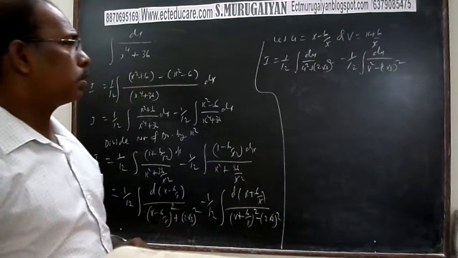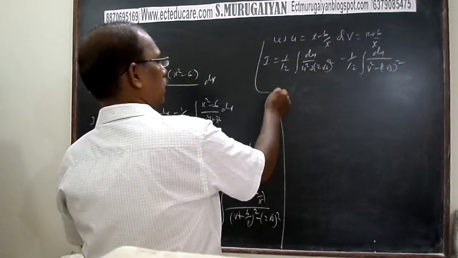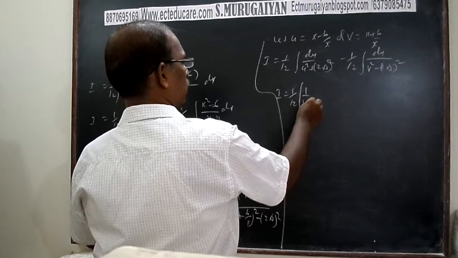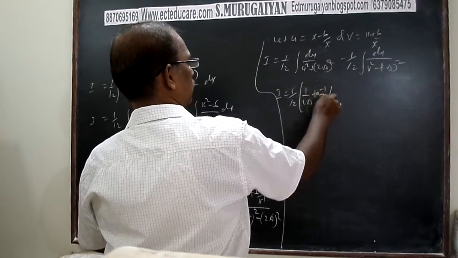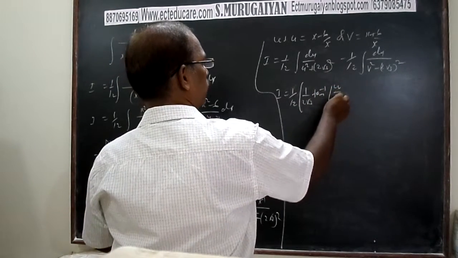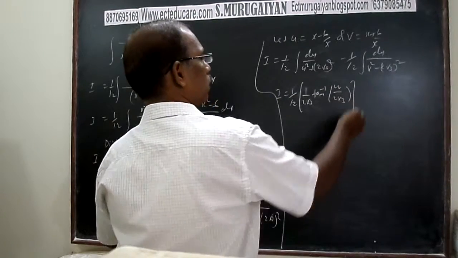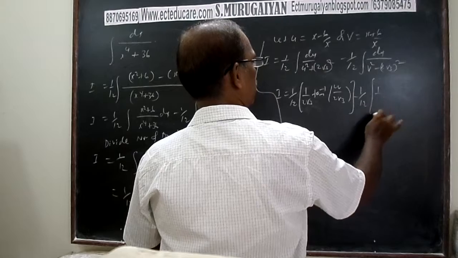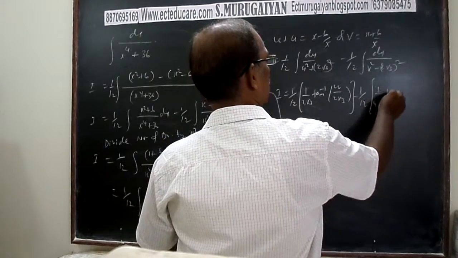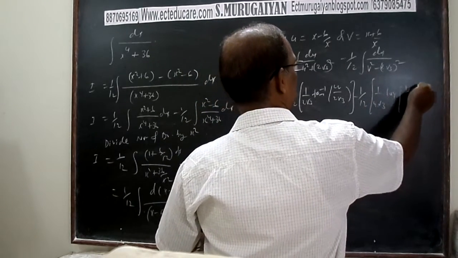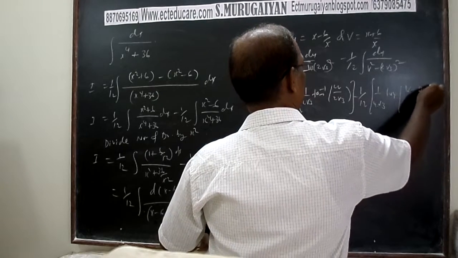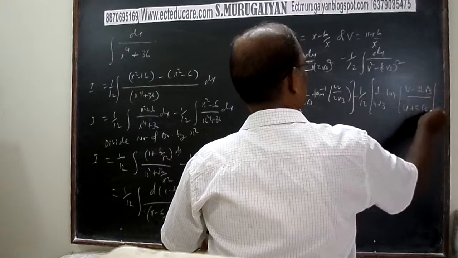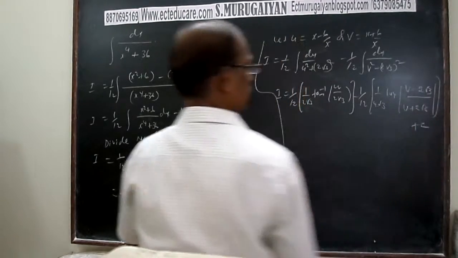Applying the suitable integral formula, 1 by 12 times 1 by 2 root of 3 tan inverse of u by 2 root of 3, minus 1 by 12 times 1 by 4 root of 3 log mod of v minus 2 root of 3 divided by v plus 2 root of 3, with the overall integral constant c.